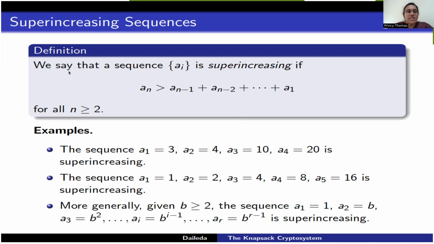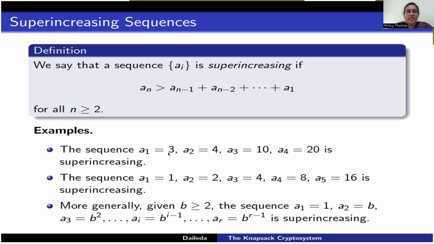So the definition is, we say that a sequence A of i is super increasing if A of n, that is the last number, in our example A of 5, is greater than the sum of all the previous numbers, for all n greater than or equal to 2.